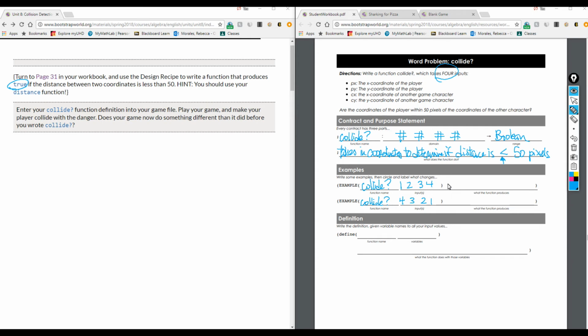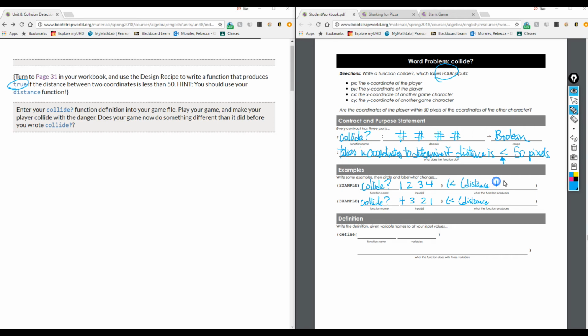And let's see, I want it to determine if the distance is less than. So that means I'm going to be using the less than function. And I'm comparing the distance, which I defined last time. So I'm using the function from the last bit of work, kind of like we did with line length to distance. I need my distance, which, if we remember, took in 4 numbers as well.